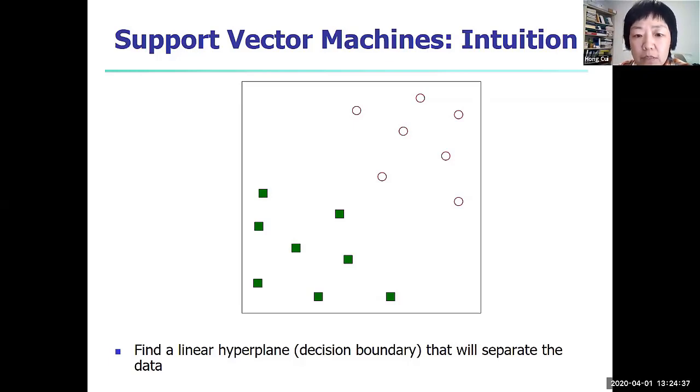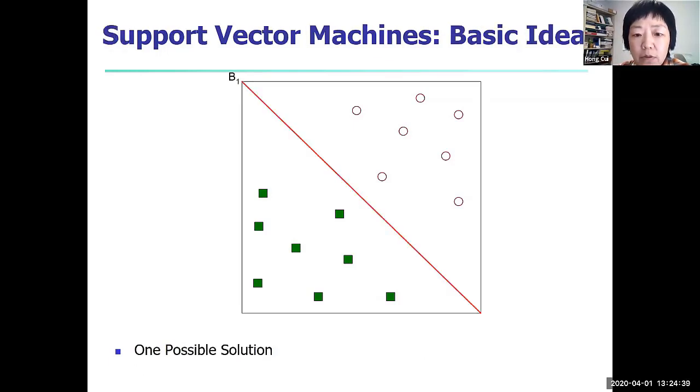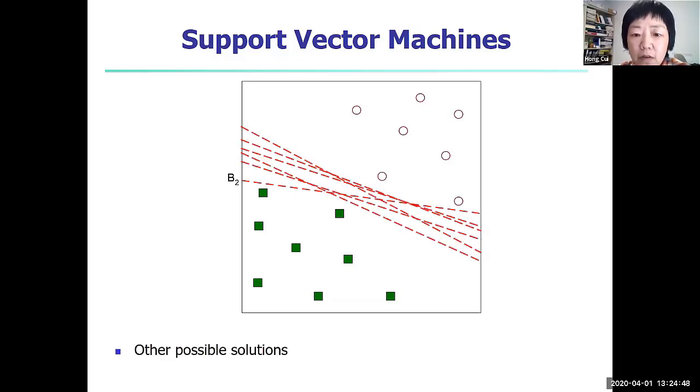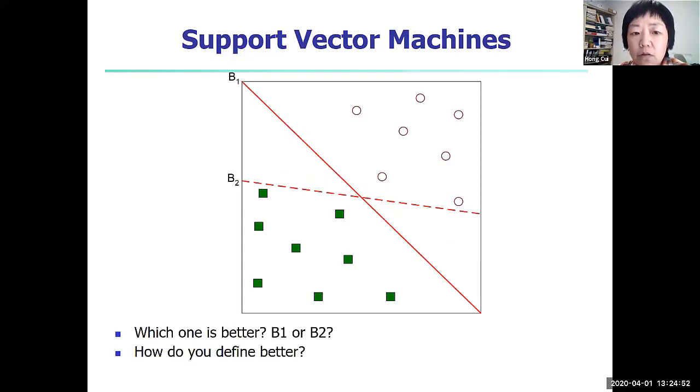So in this case, how do we separate this? This line could separate these 2 classes perfectly, but this one can too. This line can too, and this and that. All those lines can separate them. But which one is the best? Intuitively, I think we all agree B1 is the better line because the data are separated further apart.